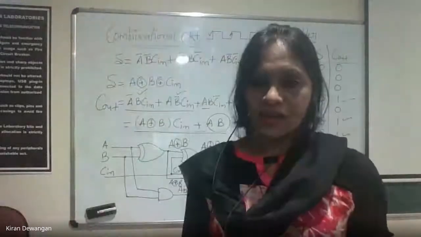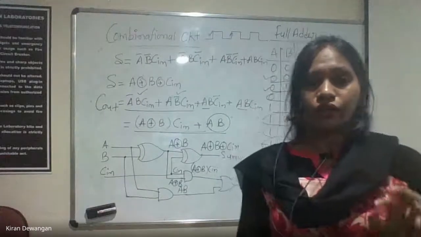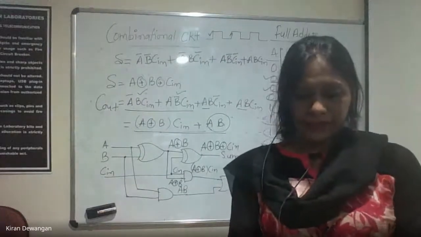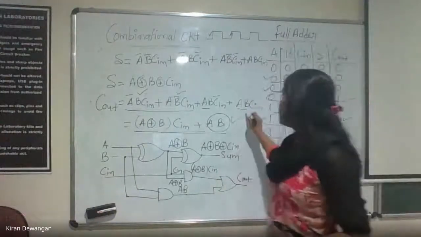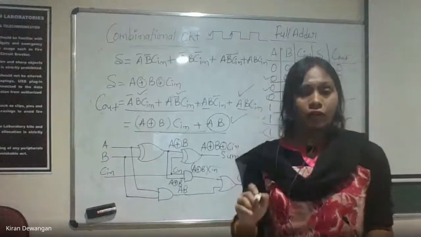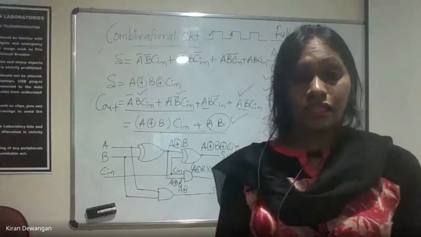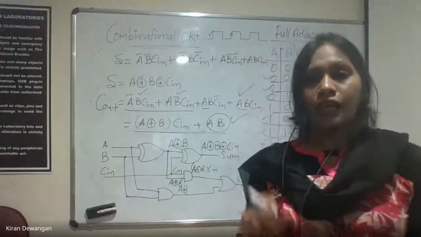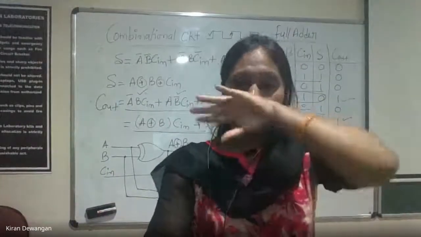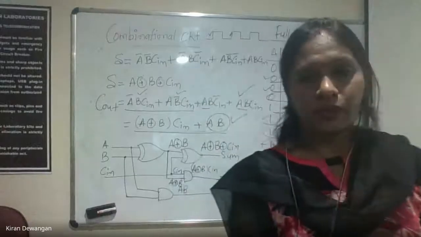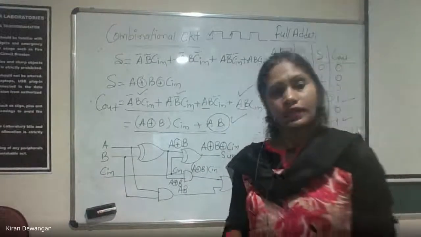This is very simple to design any of the circuits. We can easily design any circuit if we know the expressions. We just need to know the expression. With the help of those expressions, we can easily design our logic diagram, where we can have the number of gates.